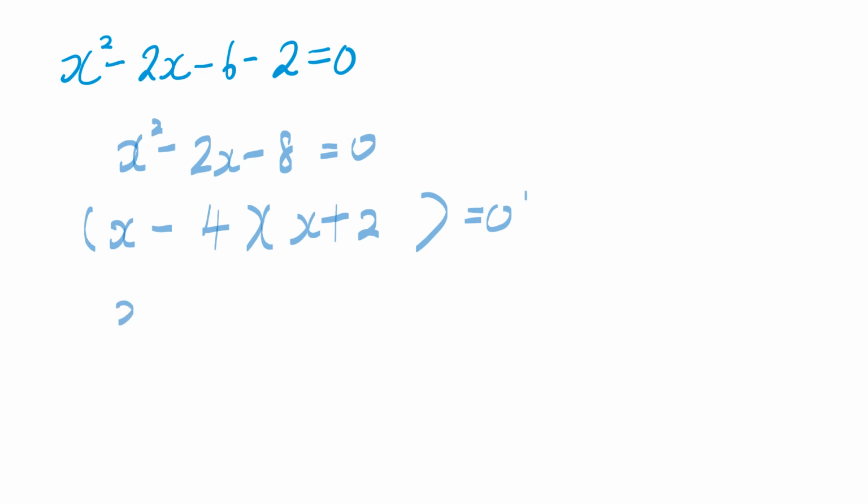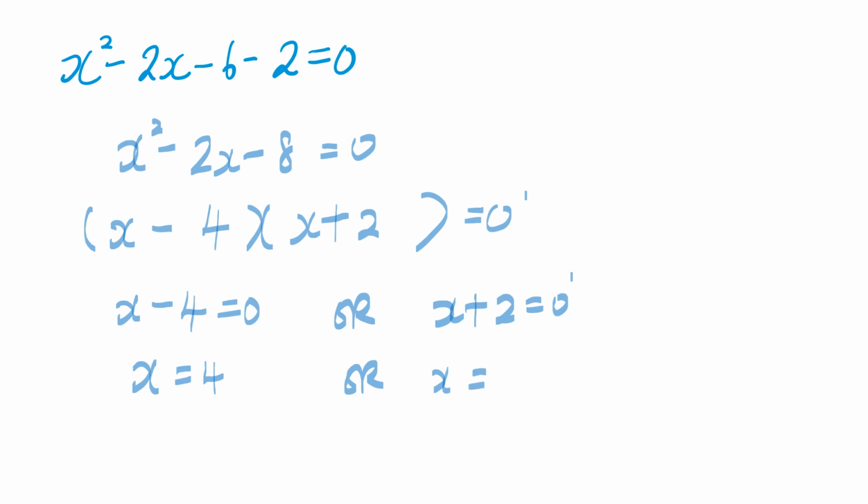So let's apply the zero factor rule. So x minus 4 equals 0, or x plus 2 equals 0. Sorry, it's not zero factor rule, it's called zero product rule. So we would have x equals 4, or x equals negative 2.